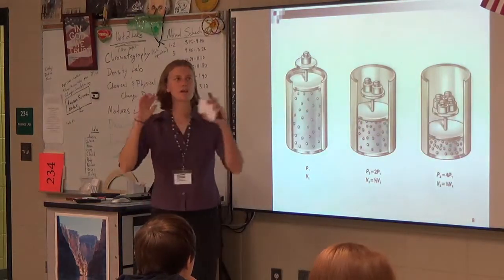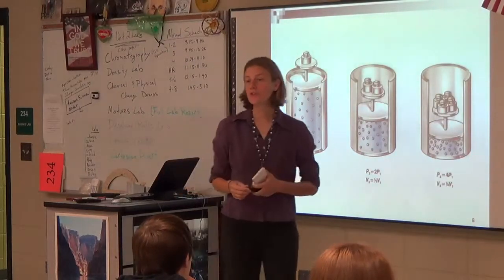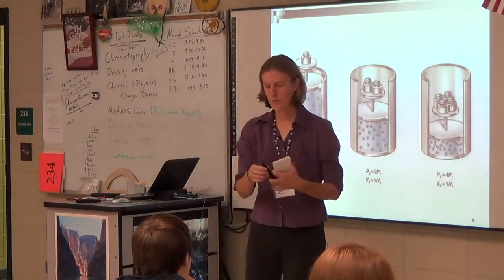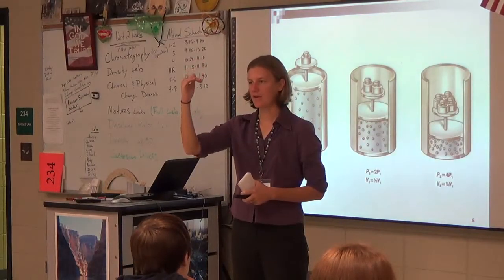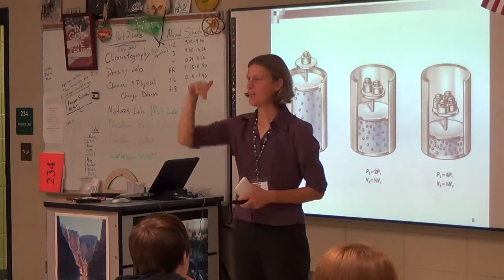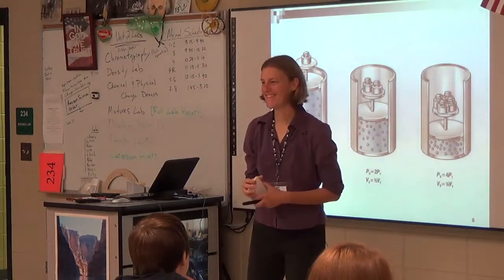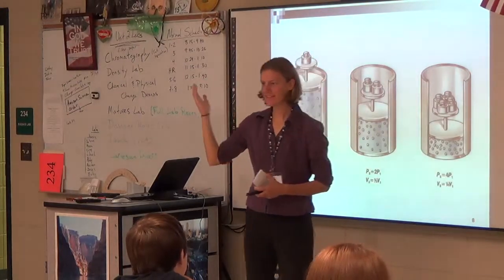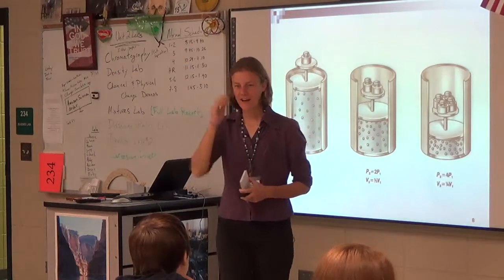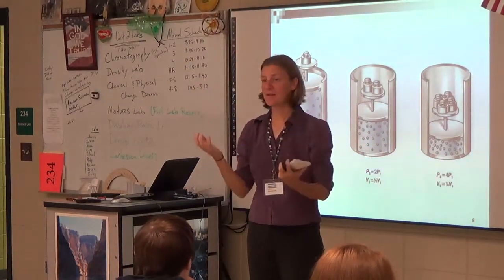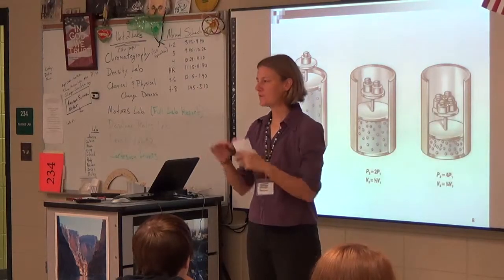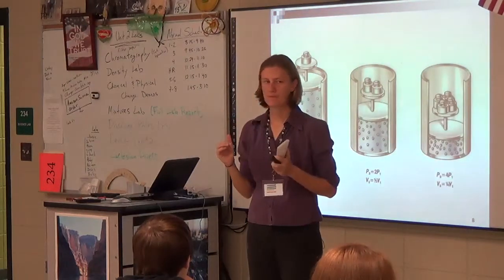So, imagine we're in this room and it's totally sealed off, and it's like one of those old Indiana Jones movies. And the ceiling's coming down, and there's spikes. Has anyone ever seen that movie? Okay. So, if the ceiling's coming down on us, what is happening to the volume of air in this room?